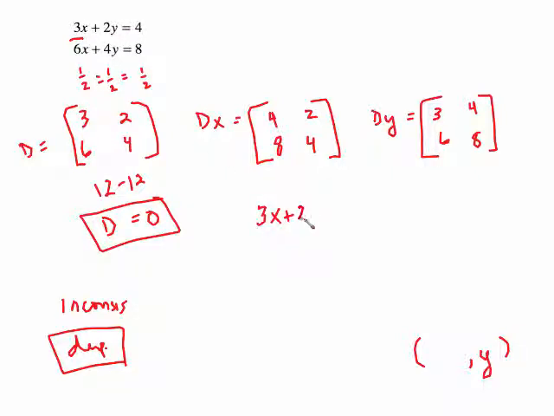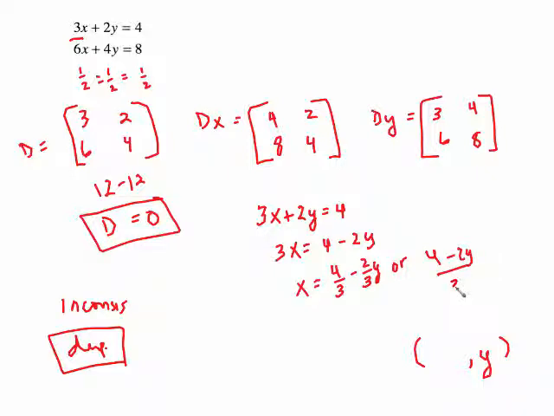So we have 3x plus 2y equals 4. We want to solve this for x. So 3x equals 4 minus 2y, and x equals 4/3 minus 2/3 y. Or I could have left it as 4 minus 2y all over 3. That might be easier to type into MathLab. That is my expression for x. So 4 minus 2y over 3.